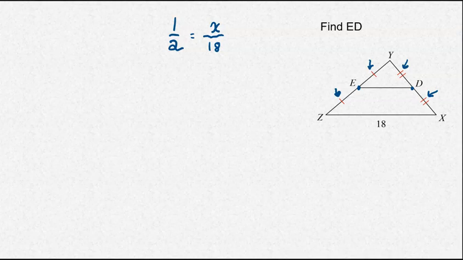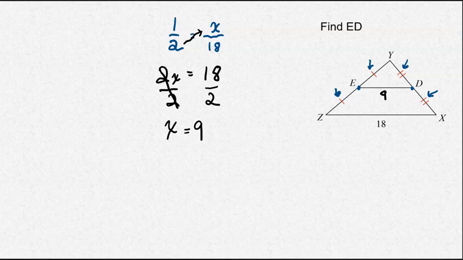I am choosing this example here to present my world dominating plan to convert the way we look at triangle midsegments as a proportion, because it's a very straightforward one. So x equals 9, which is exactly what the theorem states, right? This is exactly half the length. So ED is exactly half the length of ZX.